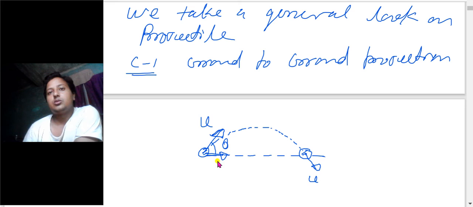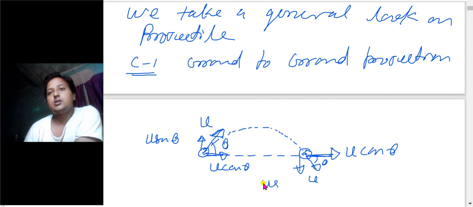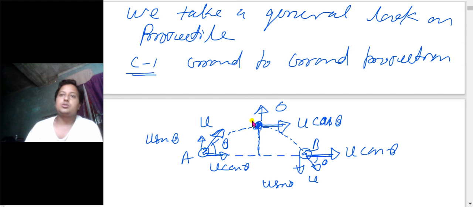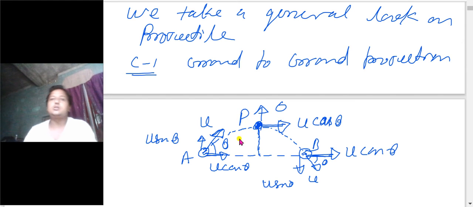So we have two components, u cos theta as well as u sin theta. There is a point between A and B at the greatest height where only the horizontal component u cos theta exists. The vertical component is 0.